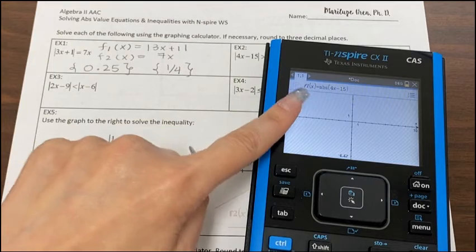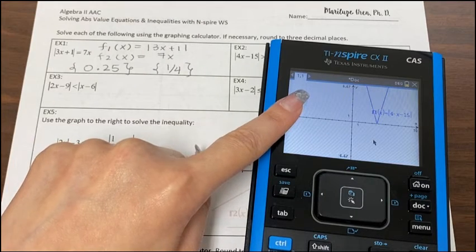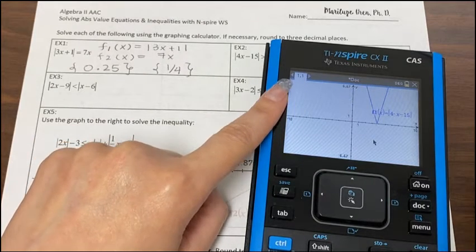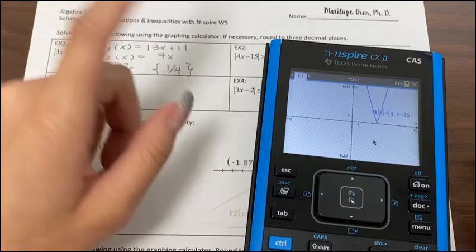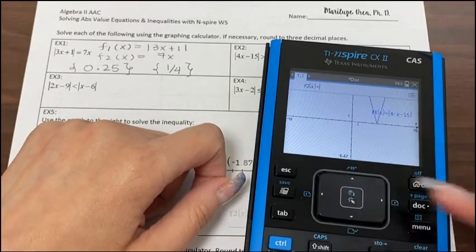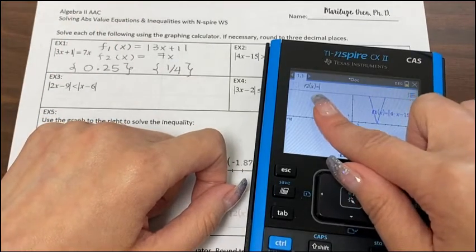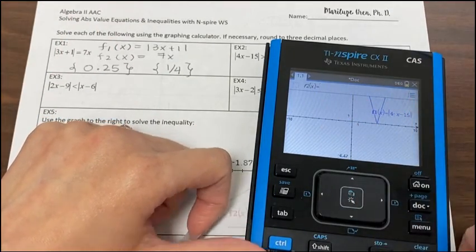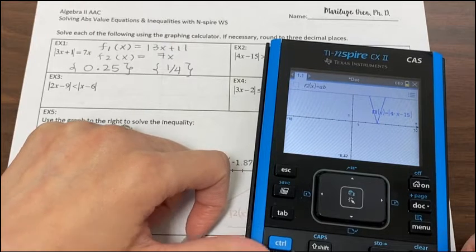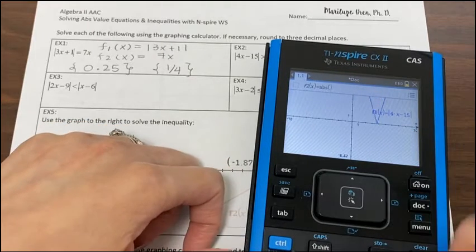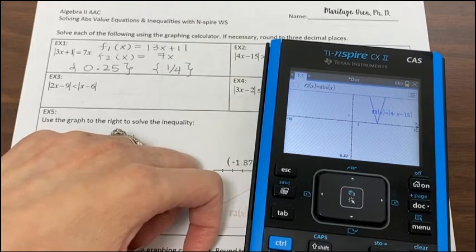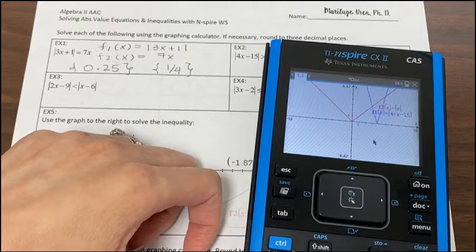You graph that, which is the left equation. Then you press tab again, and here you type the right graph. In this case it's the absolute value of just x, so ABS with just the x inside, and that's your second equation.